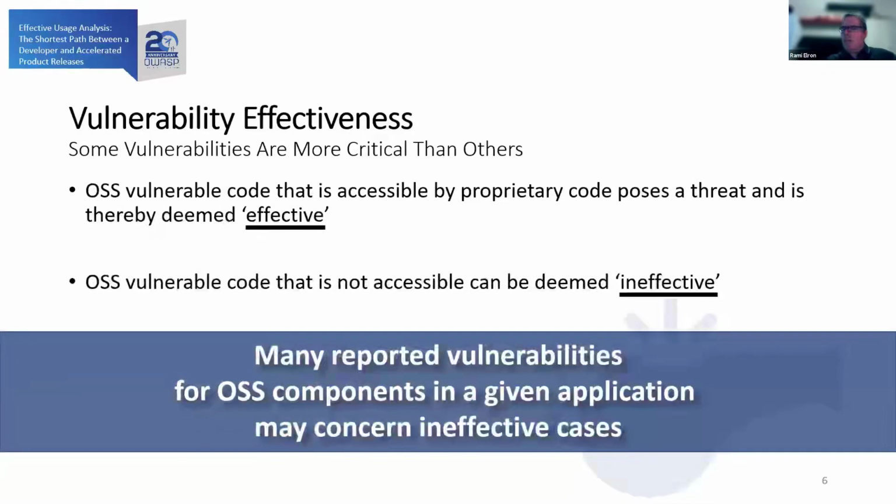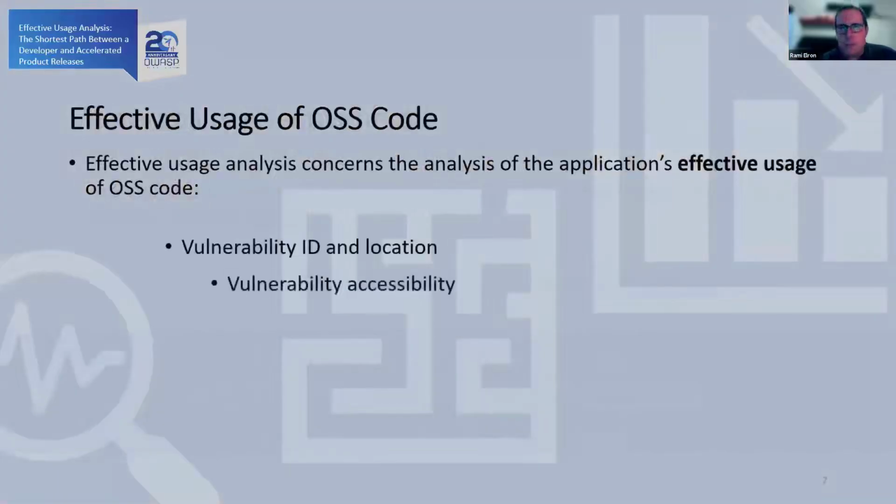And the claim is that many reported vulnerabilities in a given application, and this is the key part here, I would accentuate that multiple times, in a given application may concern ineffective cases. What does effective usage really mean? The analysis of effective usage is really about that. It's not the effectiveness of usage analysis, it's the analysis of effective usage: how effective is the way that the proprietary code reaches code that is reported to be vulnerable.